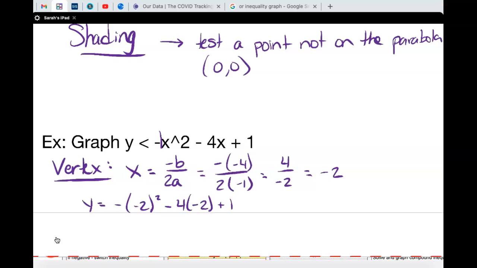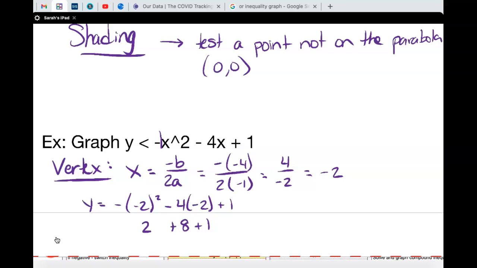What's negative 4 times negative 2? Positive 8. You do exponents first, so it's the quantity negative 2 squared, which is positive 4.